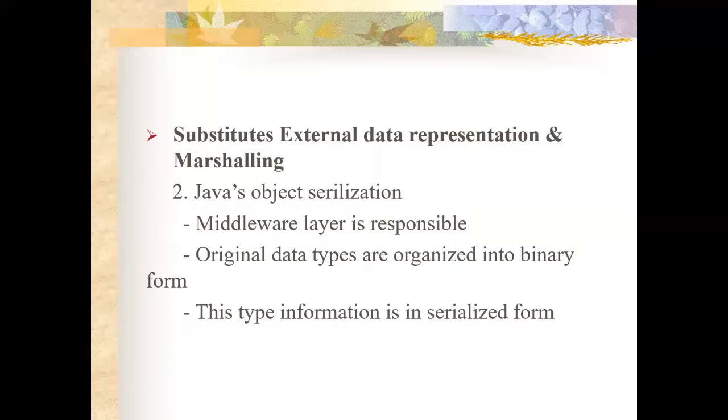In Java, serialization means flattening a set of objects into serial form, which is appropriate for transmitting the object as a message or storing a set of objects on a particular disk.